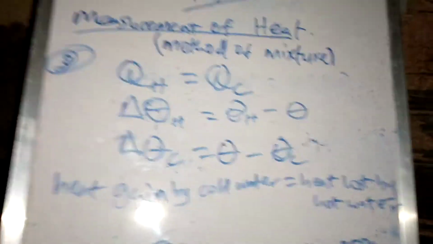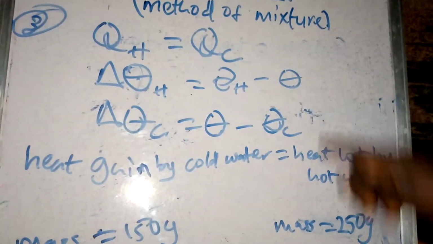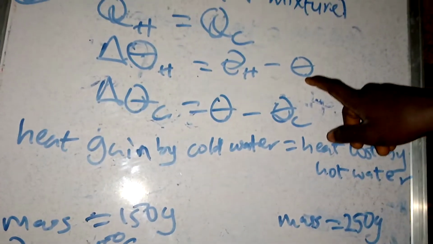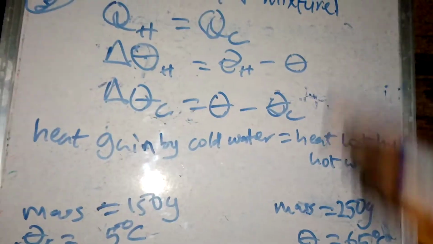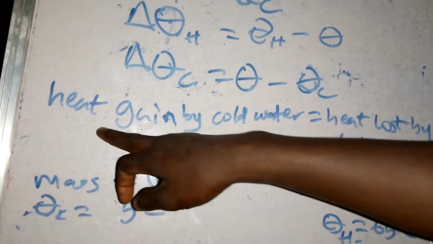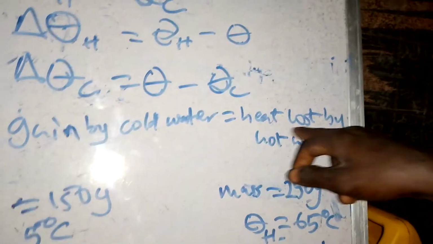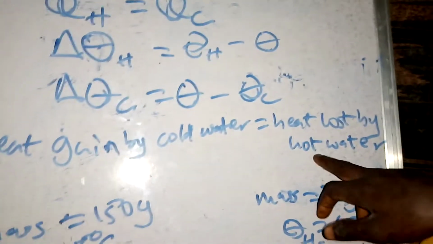So how are we going to calculate the final steady temperature? The formula is heat gained by cold water equals heat lost by hot water. The hot water loses heat into the cold water, and the cold water gains the heat.